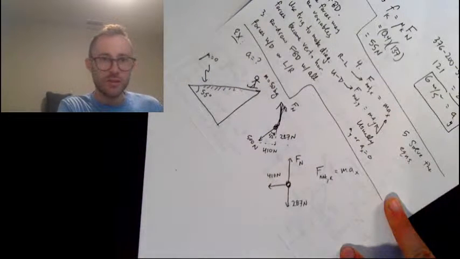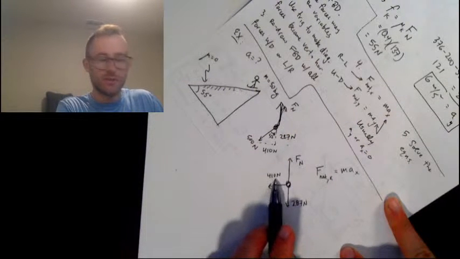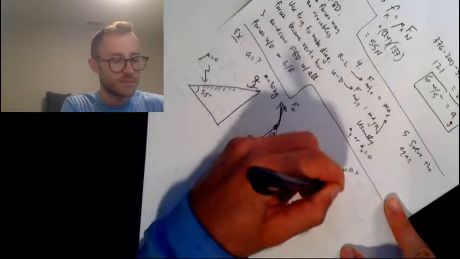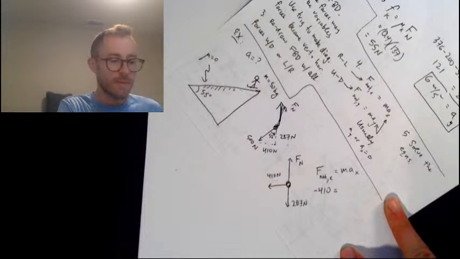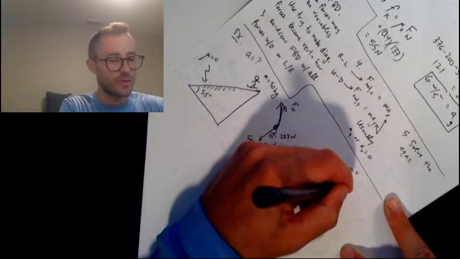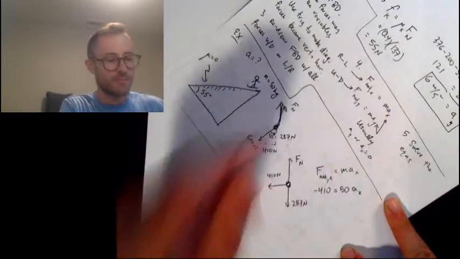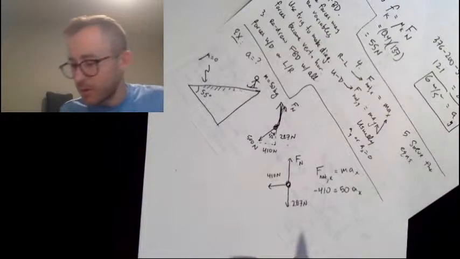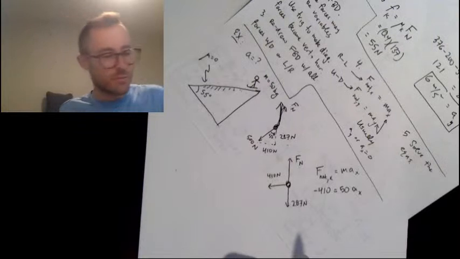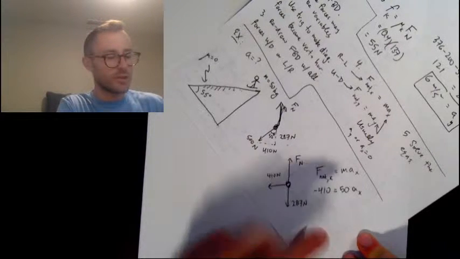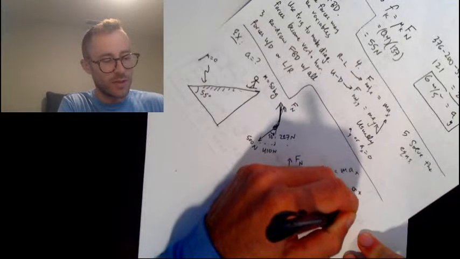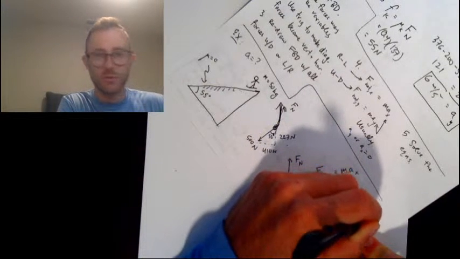There's only one force in the x direction, and that's the 410 newtons. So we have minus 410, going to the left, equals m, which is 50, times a. 410 divided by 50 is 8.2 meters per second squared. So the acceleration of the skier down the incline is negative 8.2 meters per second squared.